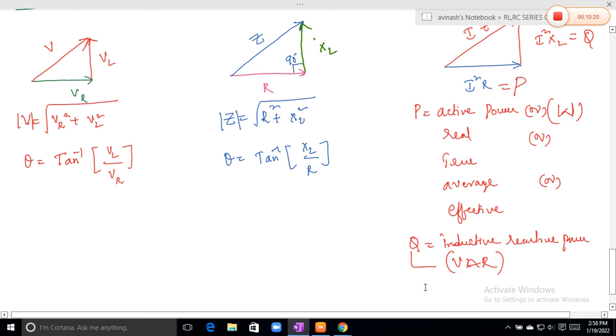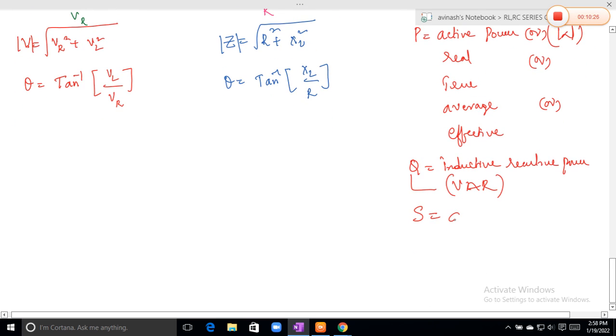In the same way, what do you mean by S? S is nothing but apparent power. The unit of apparent power is V into A, volt ampere.